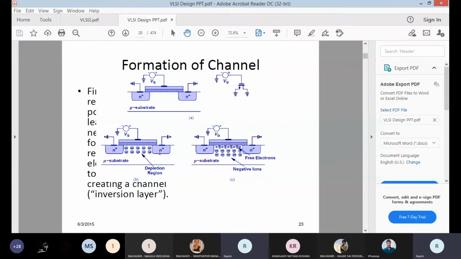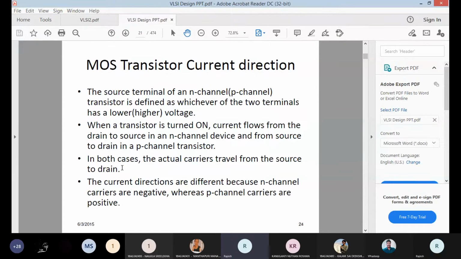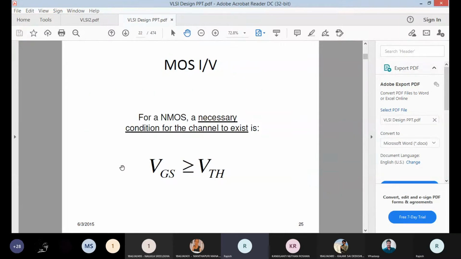The minimum voltage is called the threshold voltage. So the condition for the channel to exist is that the gate to source voltage must be equal to or greater than the threshold voltage.